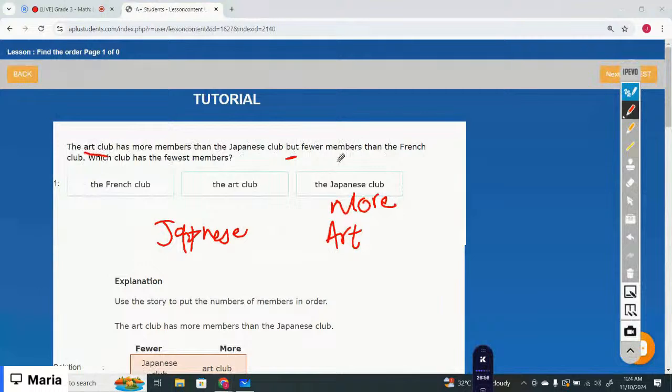The art club has fewer members than the French club, right? So art has fewer now and French has more than even. Which club has the fewest members? You have to find which one has the fewest. So by writing them this way, you have the order now. French has the most, then art, and the Japanese has the least.